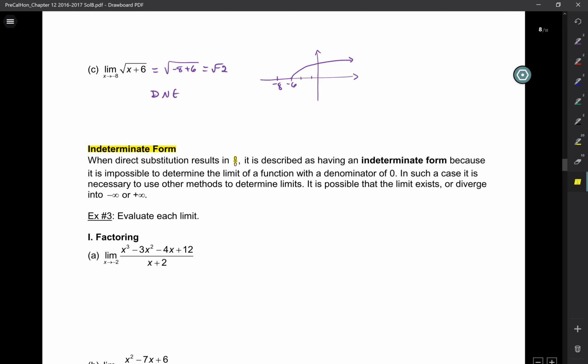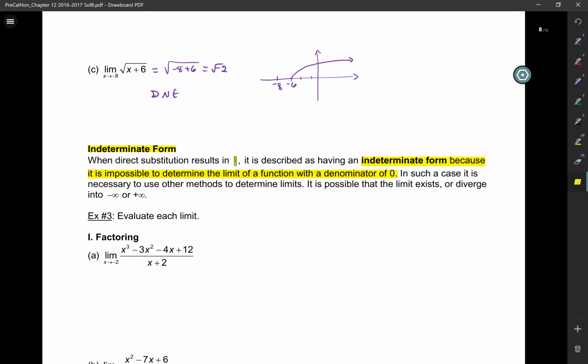So what does that mean? 0 over 0, that's not something that we can wrap our brain around, right? It's called indeterminate form because it's impossible to determine the limit of a function when the denominator is 0. So when the denominator is 0, I don't know what the limit is.